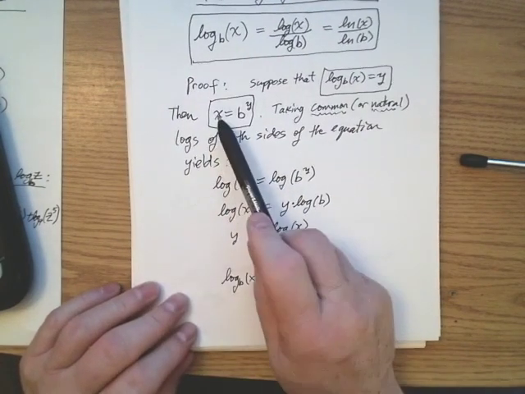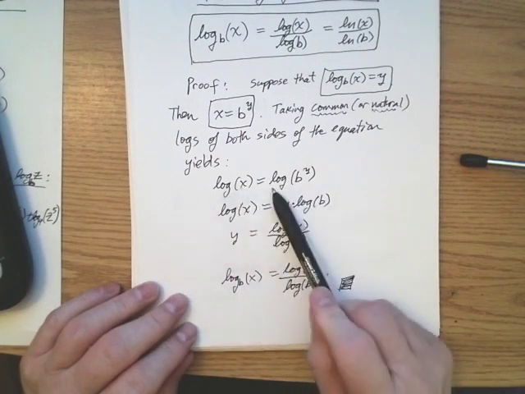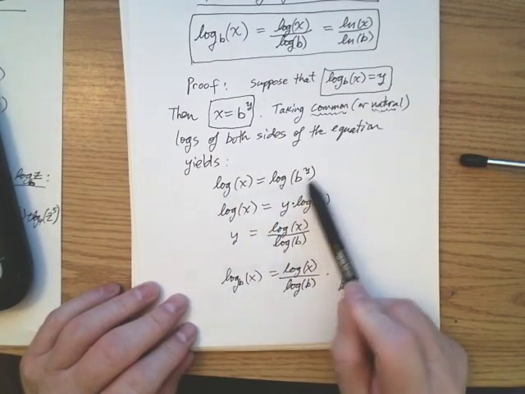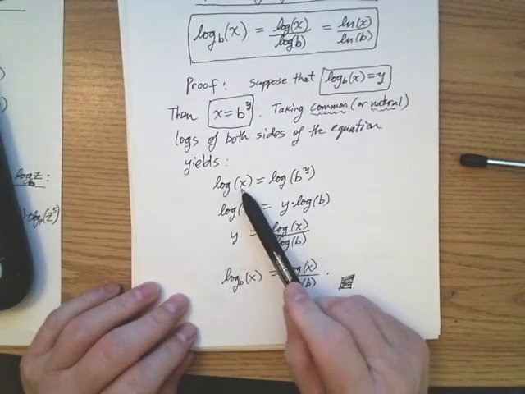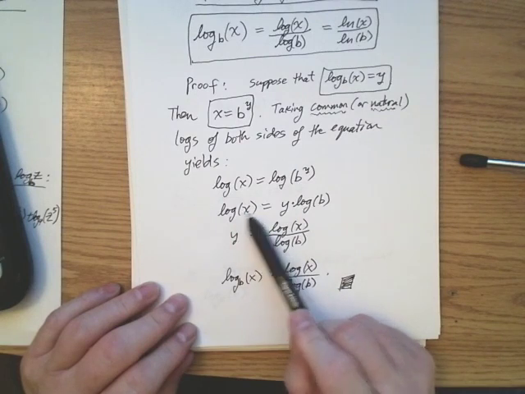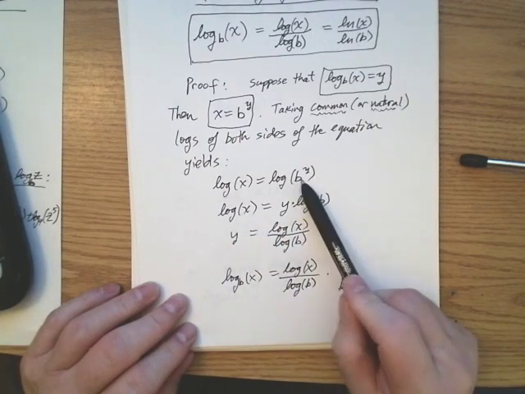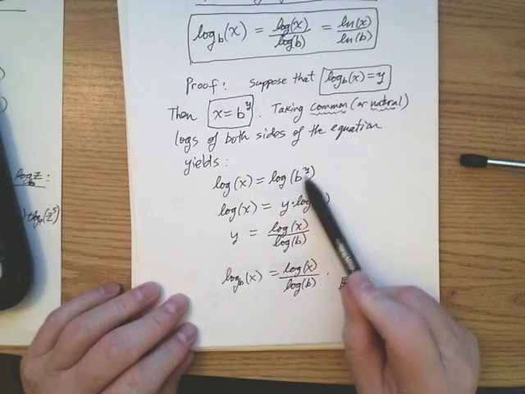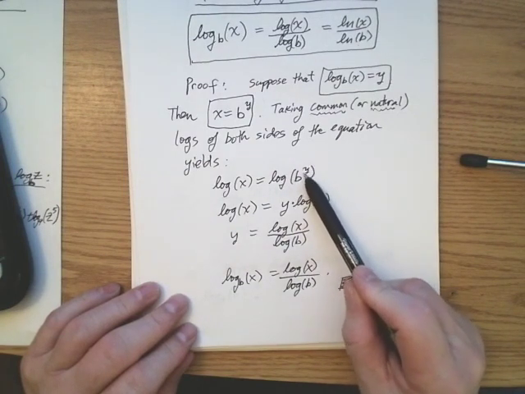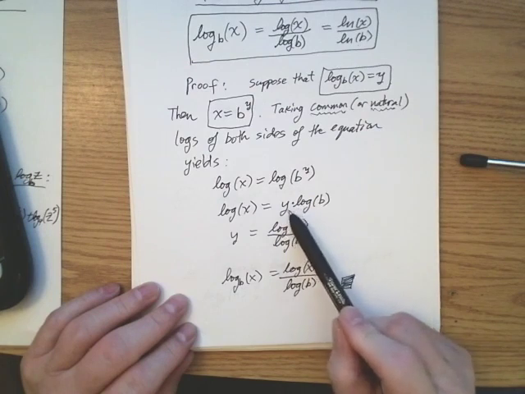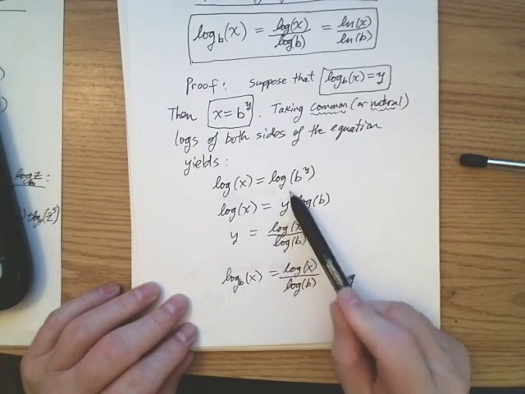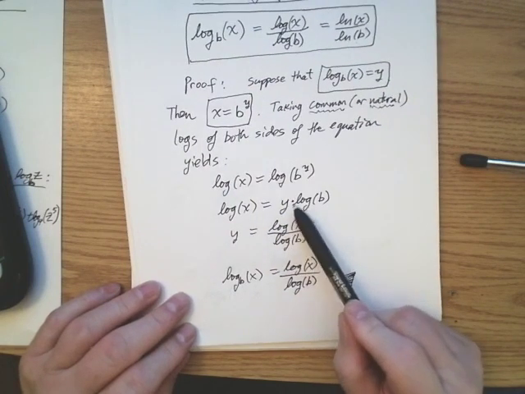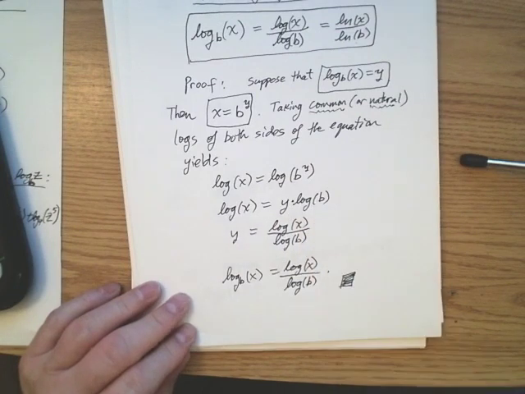So that would mean the logarithm base 10 of x is the logarithm base 10 of b to the y. Logarithm base 10 of x is what it is, so I'll just leave that alone. What can I do with this expression here? Oh yeah, I'm taking a logarithm of an exponential. I can take the exponent and put it out front as a multiplier, as a factor. So instead of this, I'll write y times the logarithm of b.